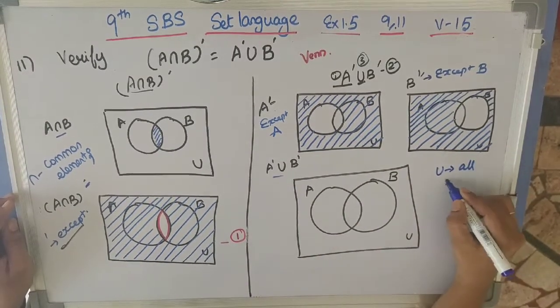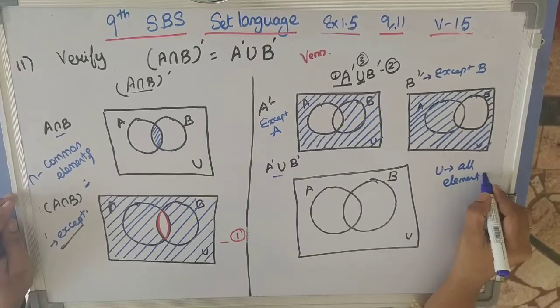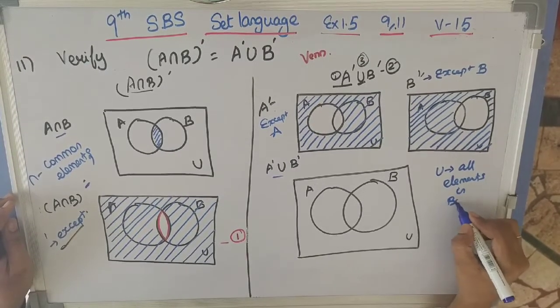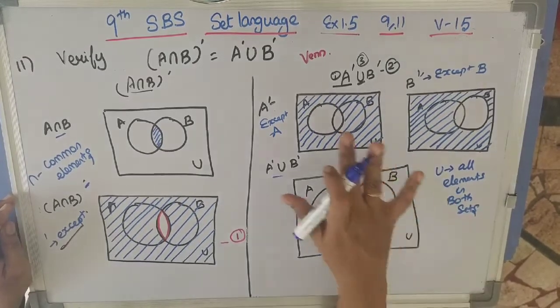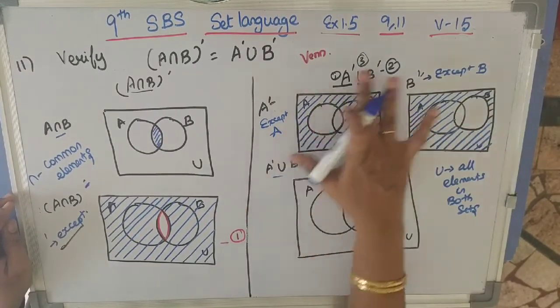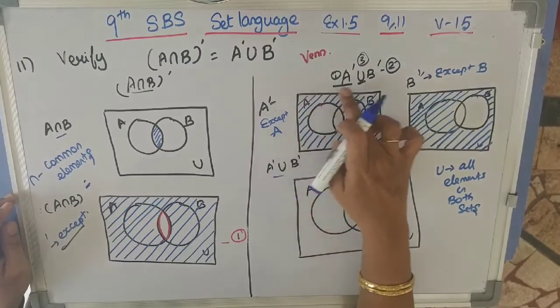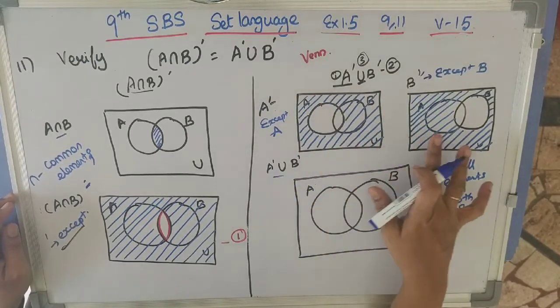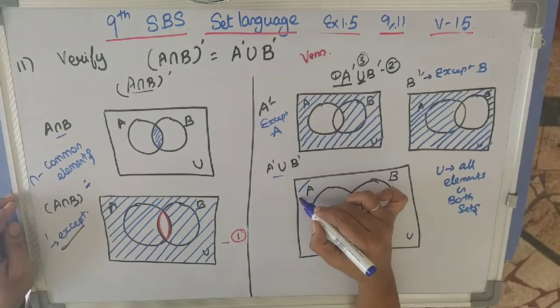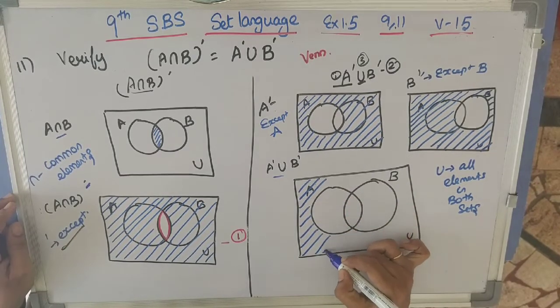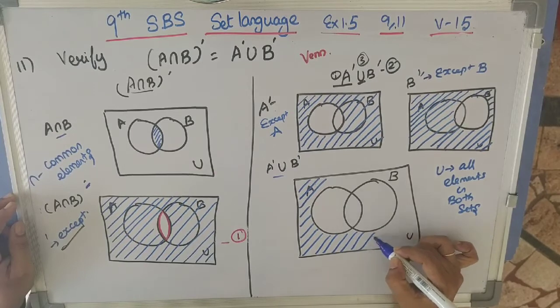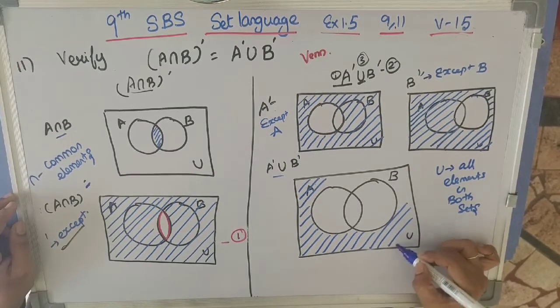Union means we have to include all the elements of both the sets A dash and B dash. Okay. So, what is the union of A dash and B dash? First, we have some common elements between A dash and B dash. That is, I am going to shade now. I am going to shade the common elements between A dash and B dash. Now we are shading that.